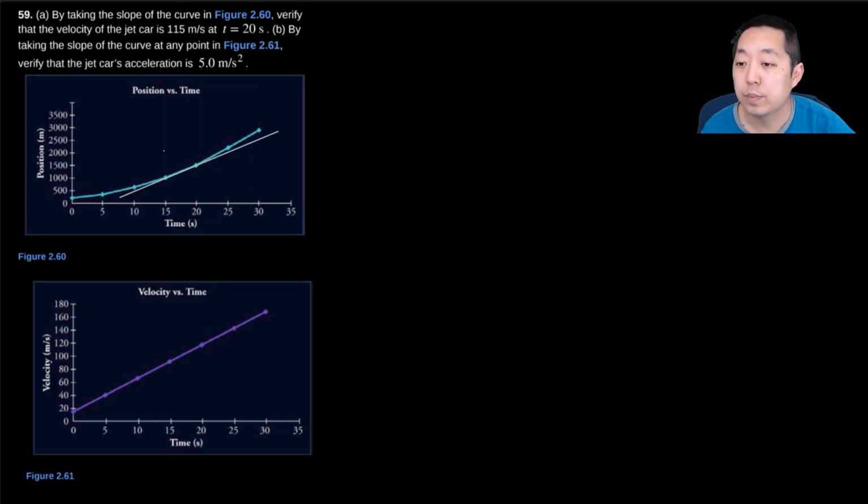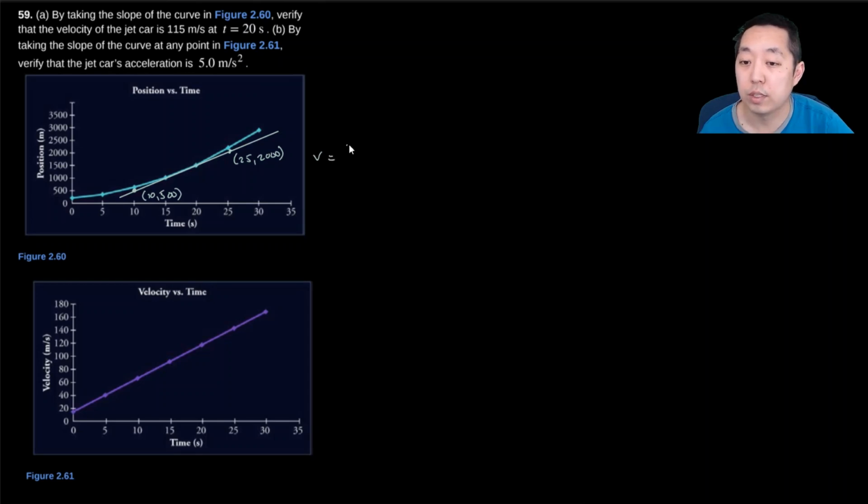So the easiest thing to do might be to say, well, at time 10, I'm at 500, so this is the point 10, 500, and say this point here, you have to do this a lot on the AP exam. We'll say it's about 25, 2000. So the slope of the position versus time curve is the velocity.